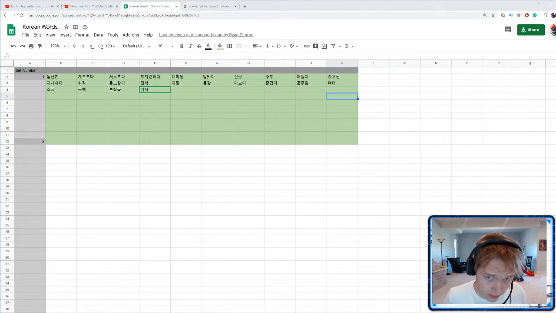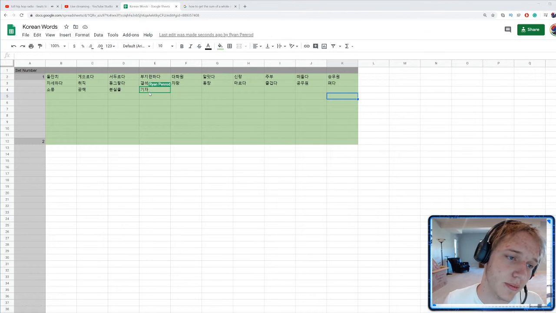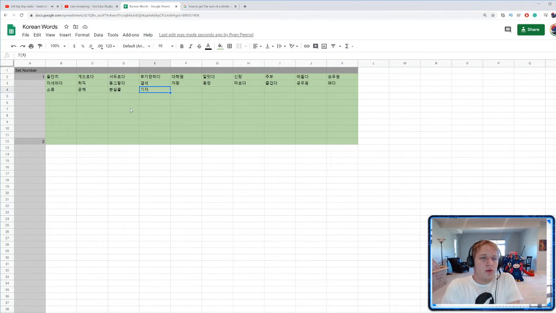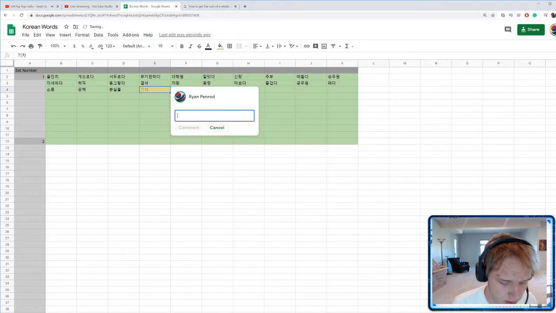As well as, it might be useful to have the translation, because 기자, for example, can mean a few things. So I could also insert a comment and say newsman.